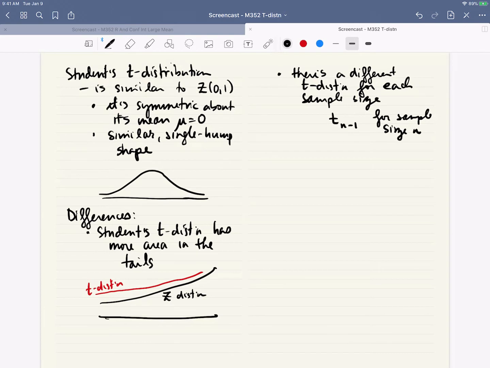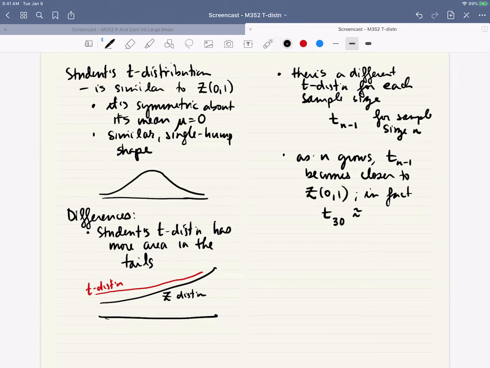And as n grows, t sub n-1 becomes closer to the normal distribution. And in fact, for all intents and purposes, we say t of 30 is approximately equal to the z distribution.